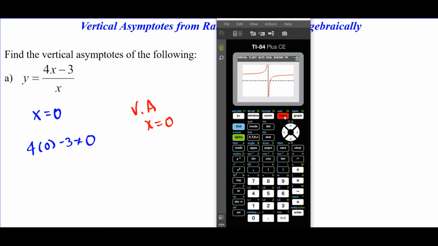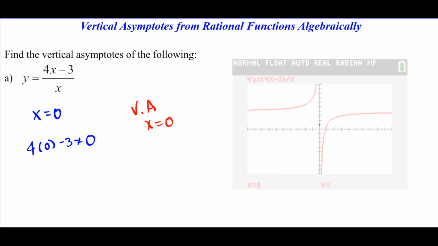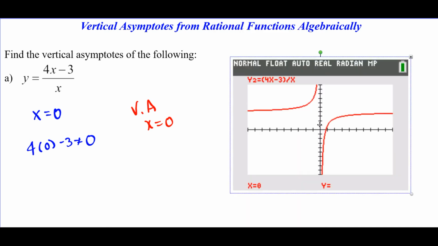We can also double check that it is exactly at 0 by doing second trace, value, x equals 0, y equals nothing. So my function is undefined at 0, and from the graph we can see that those limits are approaching positive or negative infinity. So we can use the graphing calculator to double check our asymptote, or you can graph it there and start that way.